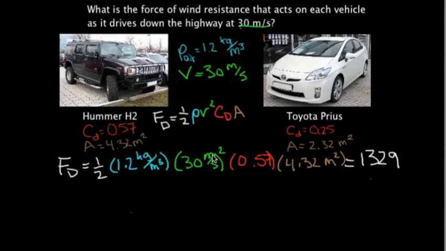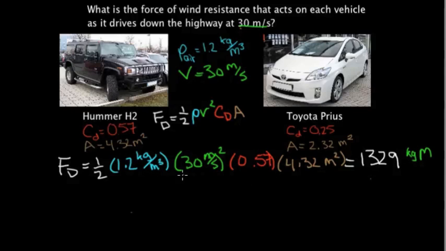So let's take a look at these units. Here I have meters squared in the numerator. Here I have another meters squared in the numerator. So that's meters to the 4th power. And I'm dividing it by meters cubed. So that'll take away 3 of those meters. What I'm left with is just 1 meter in the numerator. If I look at the other units, we have kilograms. There's no other kilograms in this equation, so I have kilograms.